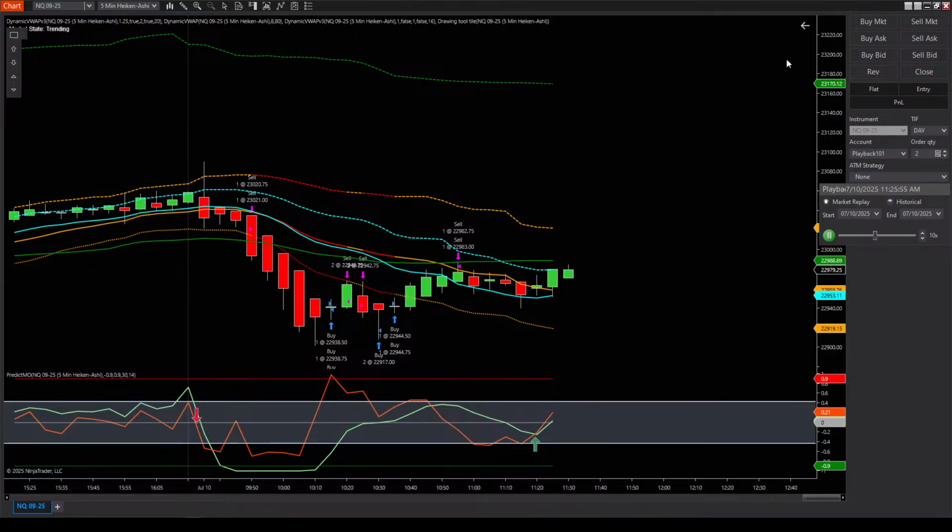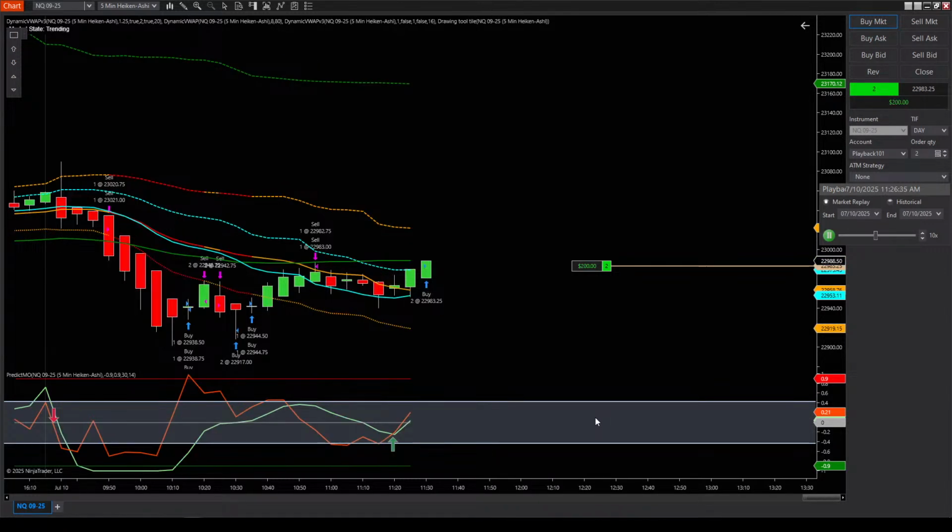Oh, there we go. That's a nice move. Order filled. Okay, they both went up right there. And we'll just let that bad boy run.